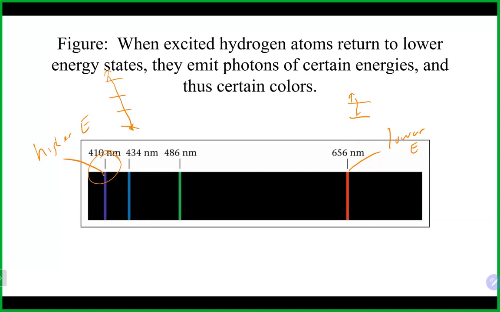So this one on the left would probably correspond to a greater number of energy levels that the electron has passed to get to the bottom or wherever it ends up, versus over here on the red, where maybe it's a much shorter transition for that electron.